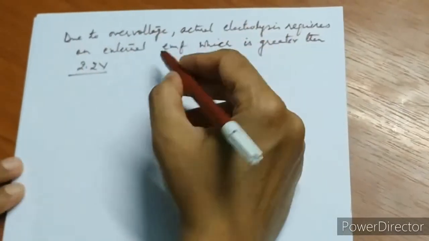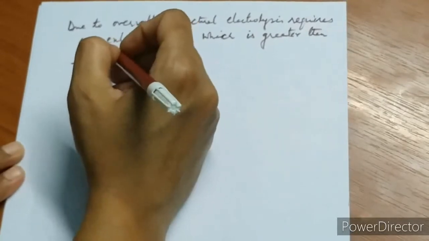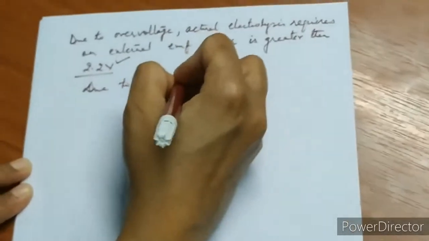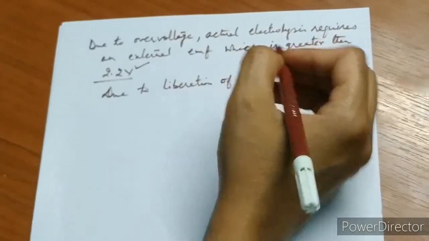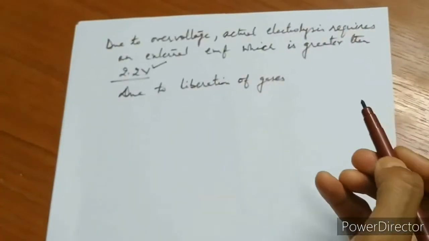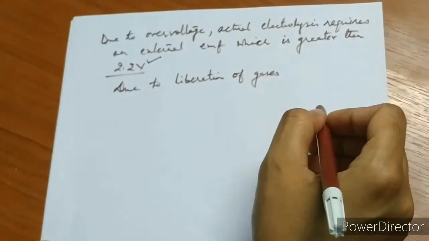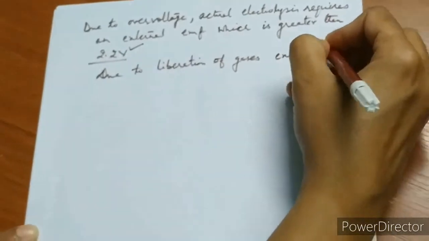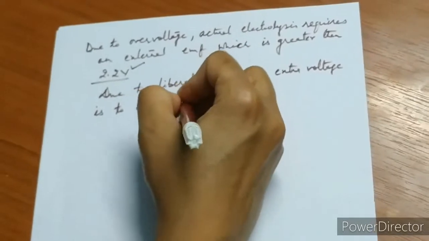So we have to require an external EMF which should be greater than 2.2 volts. So due to liberation of gases, we see in this reaction that there is liberation of hydrogen and chlorine gas. So due to this liberation of hydrogen and chlorine gas, extra voltage is to be required.